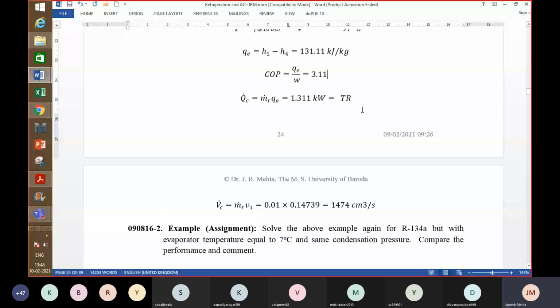So you can divide it by the number of strokes per second. In that case, you will get the ideal volume or swept volume of the compressor, right?